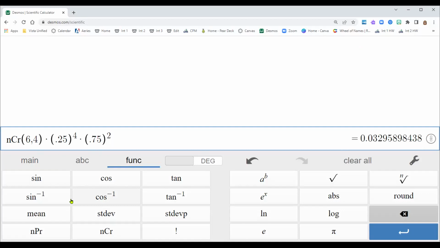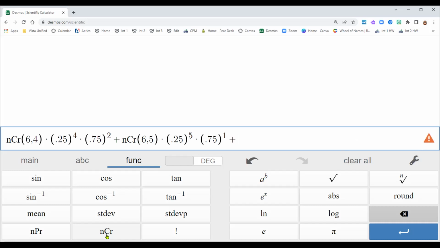Plus, n choose r, so combinations, I'm going to do 6 choose 5 times 0.25 to the power 5 times 0.75 to the power 1, or just 0.75, plus 6 choose 6.